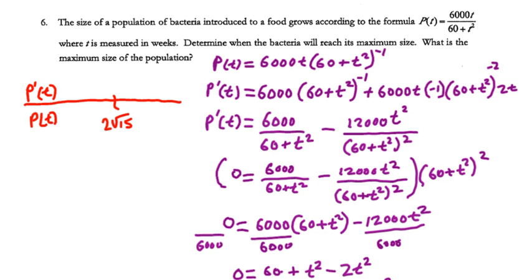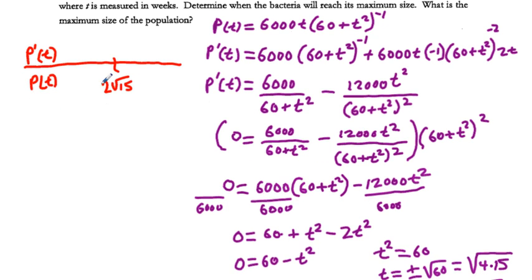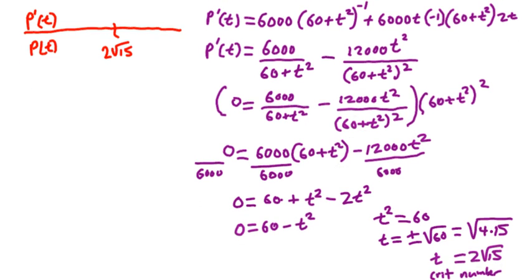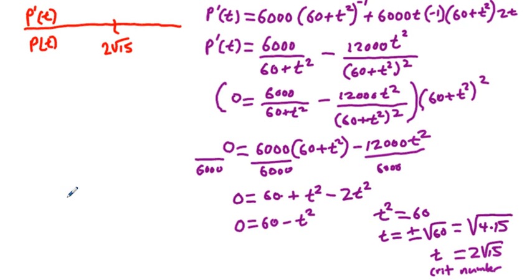So let's take a number to the left, smaller than 2 square root of 15. We're going to use this equation here, the simplest form, 0 equals 60 minus t squared. If we use a number less than 2 square root of 15, maybe 1, 60 minus 1 squared is going to be positive.